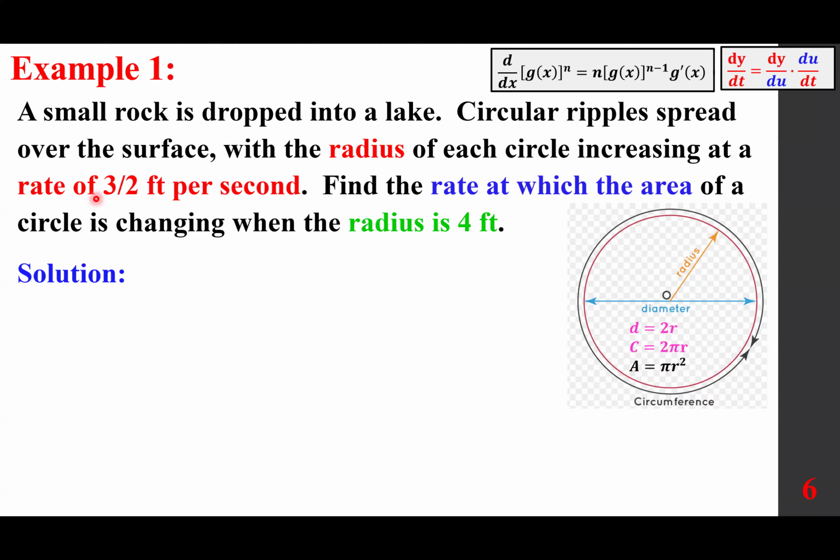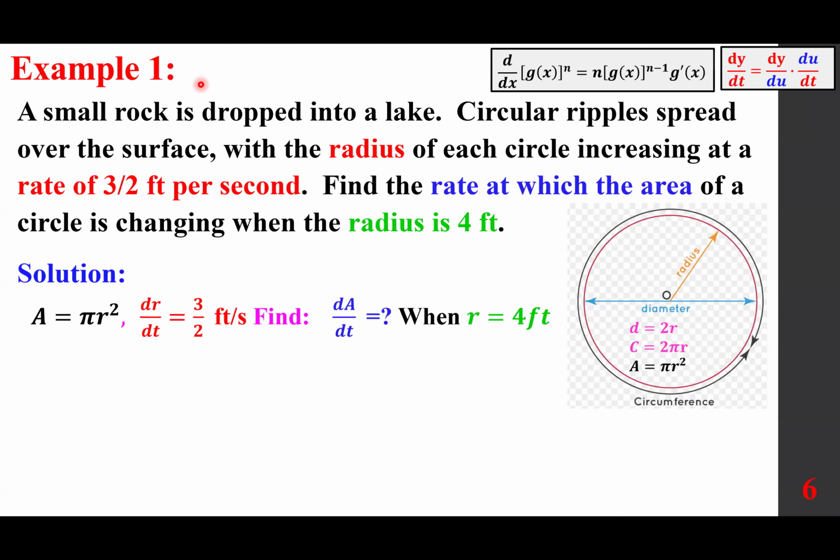The radius is increasing at the rate of 3/2 feet per second. That means dr/dt is 3/2 feet per second. What are we looking for? The rate at which the area, dA/dt, is changing. At what point? When r is 4 feet. So this entire word problem, application problem, is translated into symbolic mathematical symbols in this format.